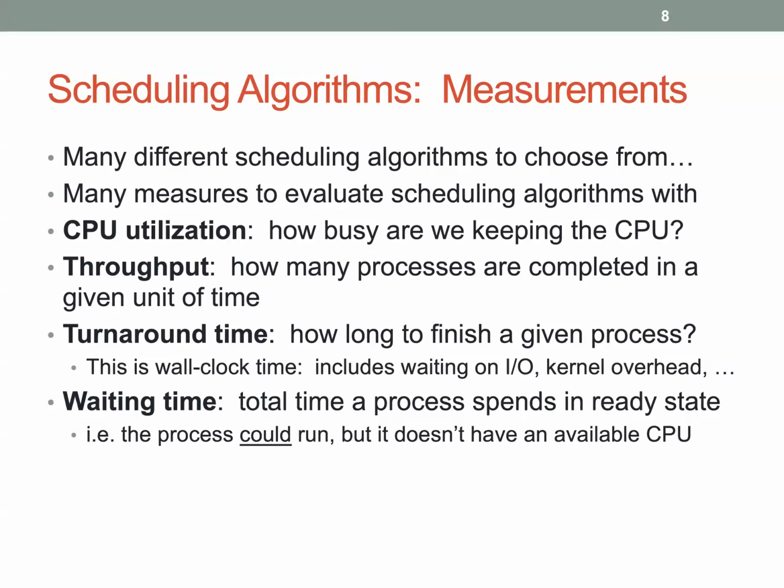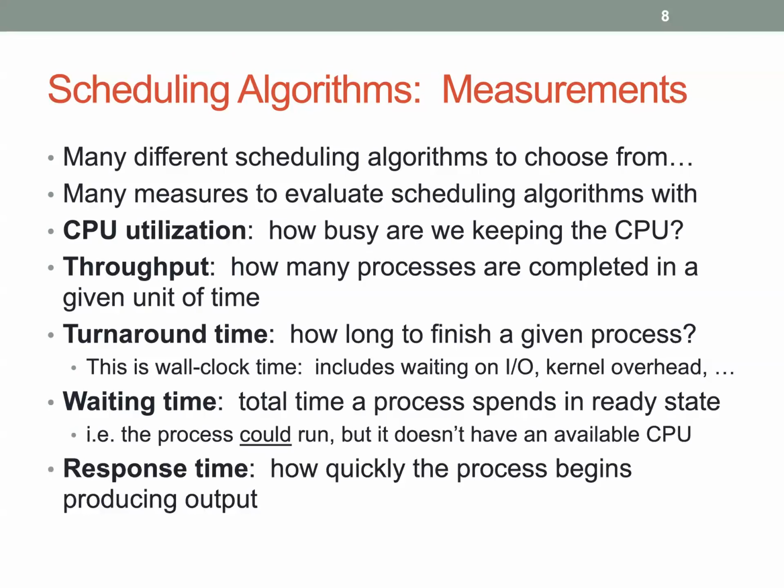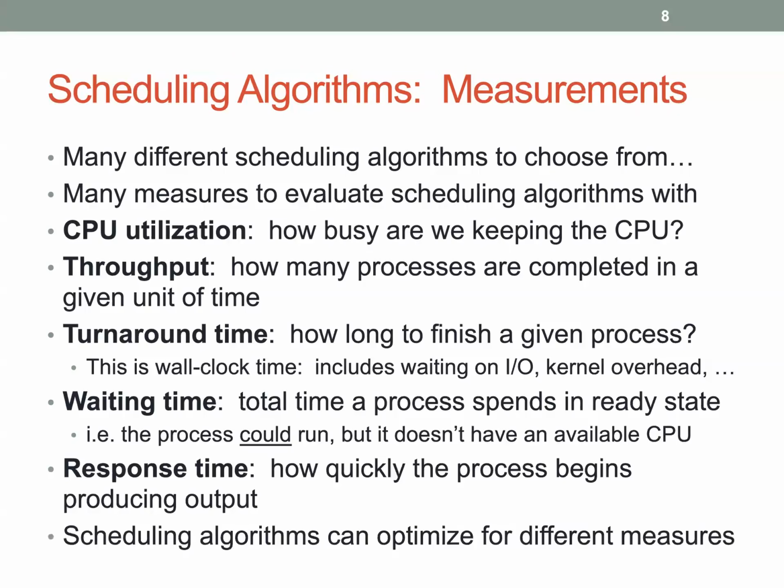Waiting time, how much time does a process spend waiting? Maybe we'd like to minimize the amount of time that processes spend waiting. And then also you can think about response time, and you can measure responsiveness in a number of different ways. And so different scheduling algorithms are going to optimize this picture in different ways based on the needs of the overall system.